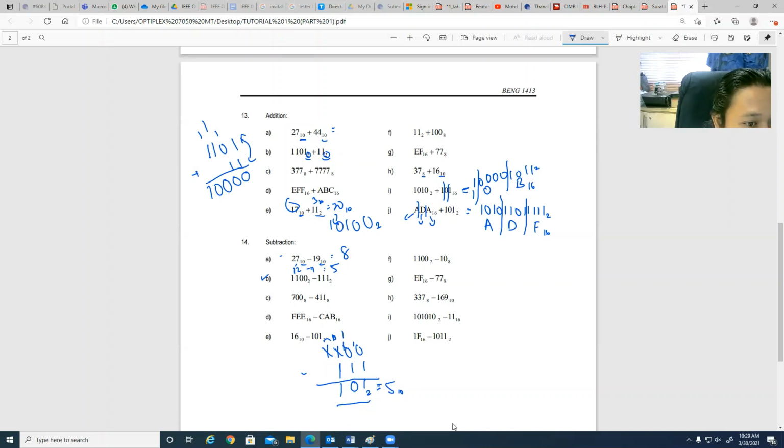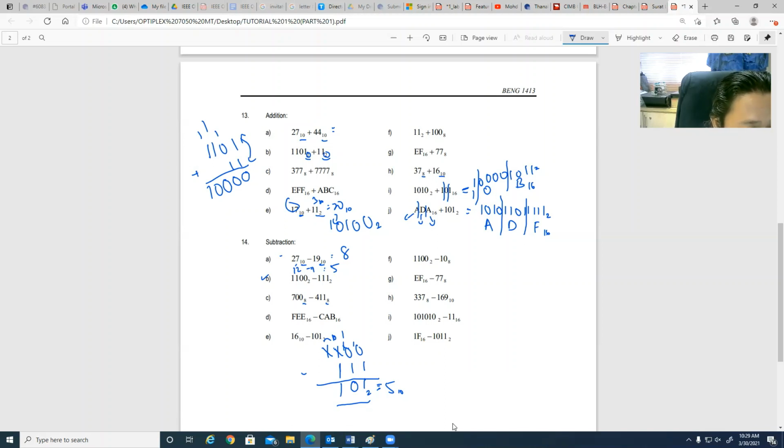In decimal. All right, for example, we have the octal. For octal, you can convert into binary, or you can convert into decimal. Then you can minus as a normal binary or decimal.